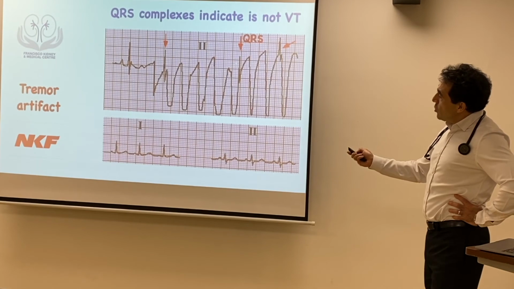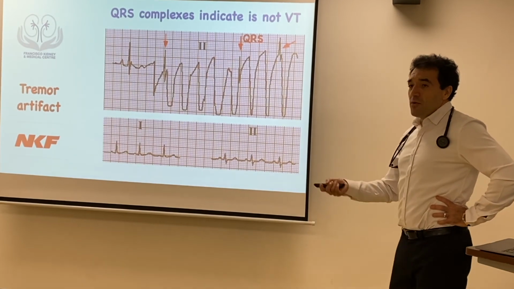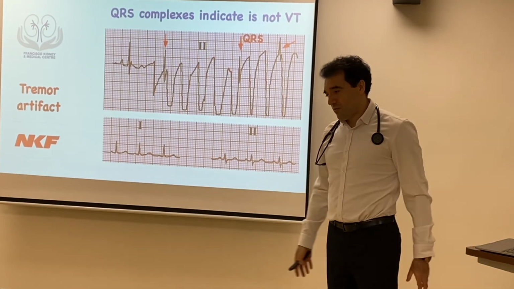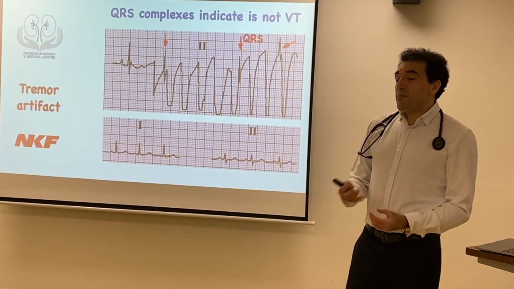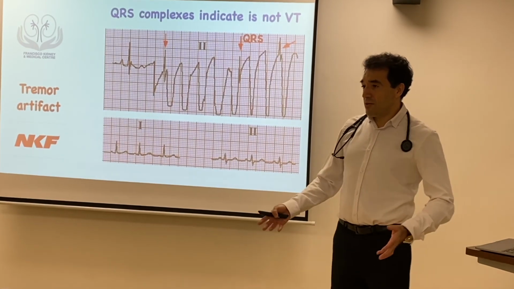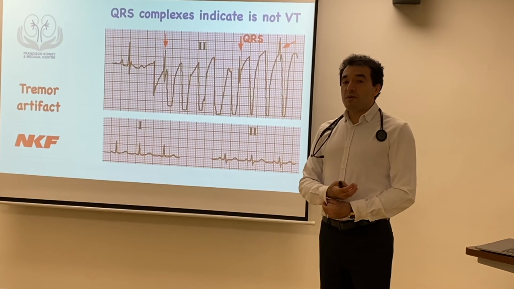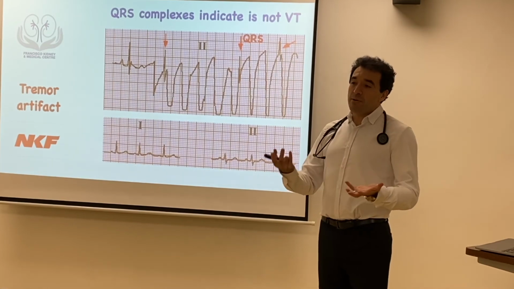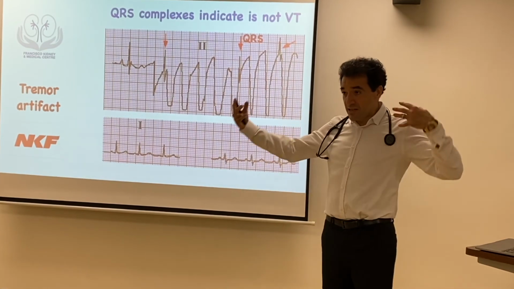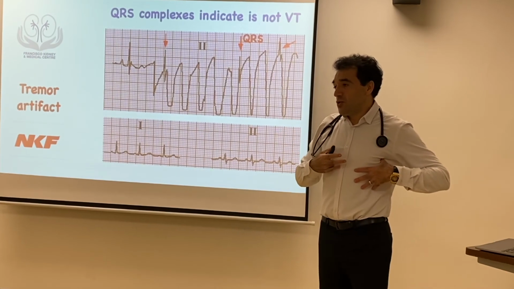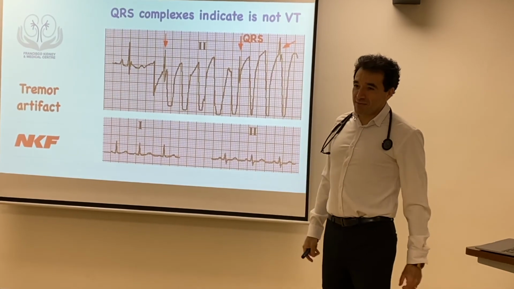One way to know is that usually the patient has a tremor or is moving, or has some essential tremor. Typically, what is going to be more shaky on this ECG is the limb leads. Remember, you have the limb leads and you have the precordial leads. Usually it's not like the chest moves and the rest not.